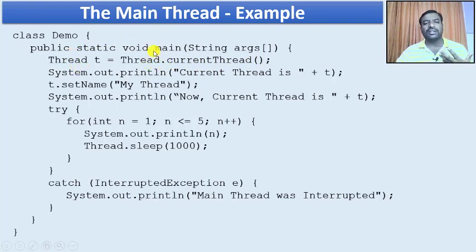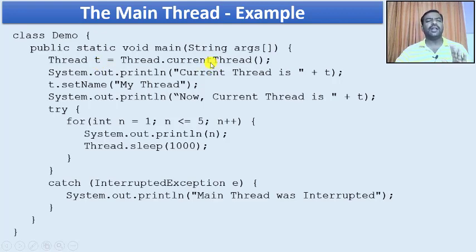Thread is the class name and currentThread is a method, so you can add this to the list of Thread class methods, because when I was discussing them I didn't mention currentThread. I use the class name and the method name under this class. This will return the reference of the current thread, which right now is the main thread, so I use T to hold the reference.